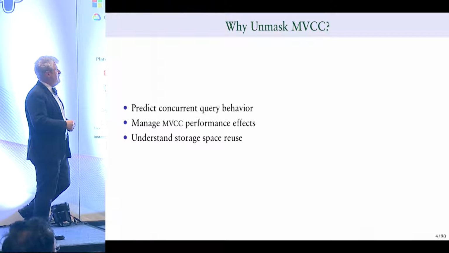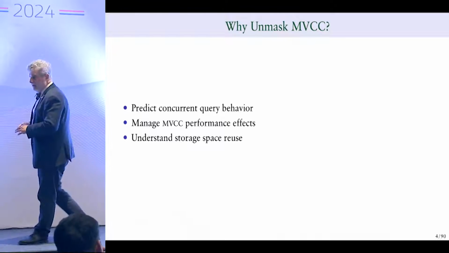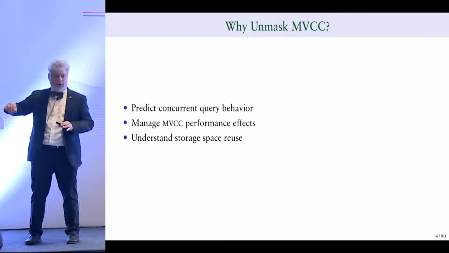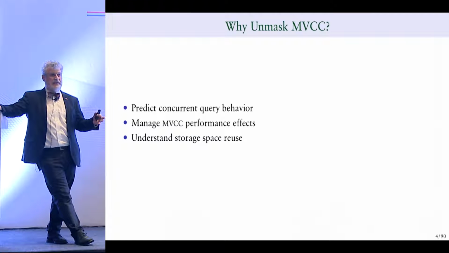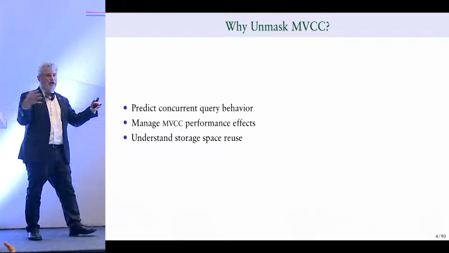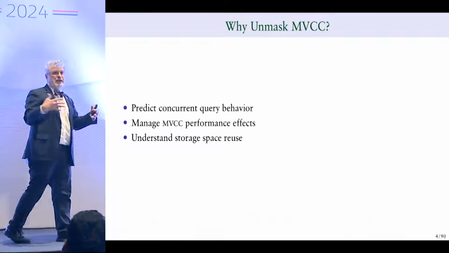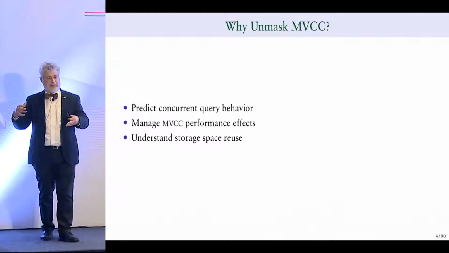Why is MVCC important? Why is it worth understanding? There's probably 3 major reasons. One, by understanding how it works, you can predict concurrency behavior. So concurrency behavior would be, how do you predict how a system would work? One of the great things about a multi-version control system like Postgres is you can have multiple people reading and writing at the same time, and there's minimal impact from those people reading and writing at the same time.